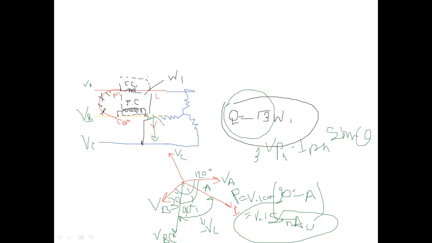And why is this showing the reactive power? Because this is 90 degrees minus A, and that's why it produces not VI cos theta but VI sin theta. This is the reactive power, measured by the single wattmeter method when the connection is in this way.